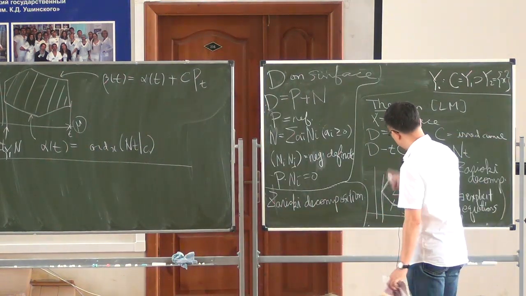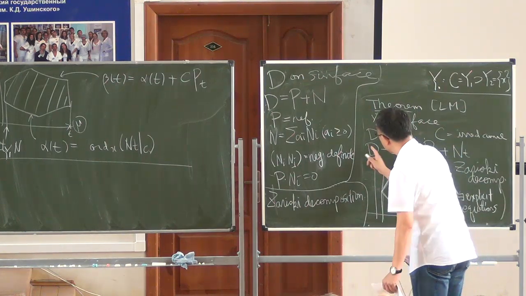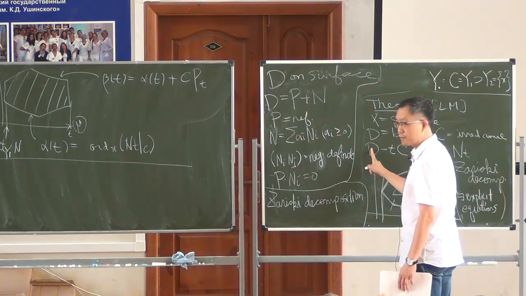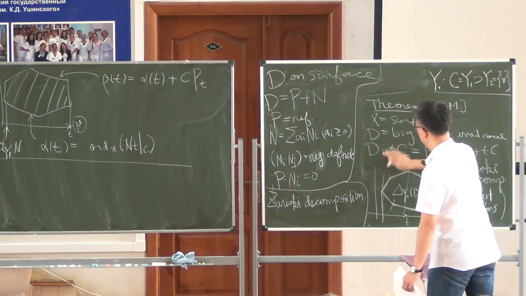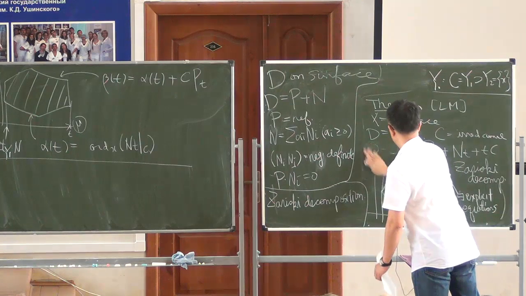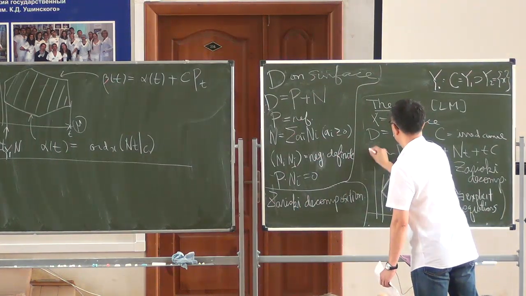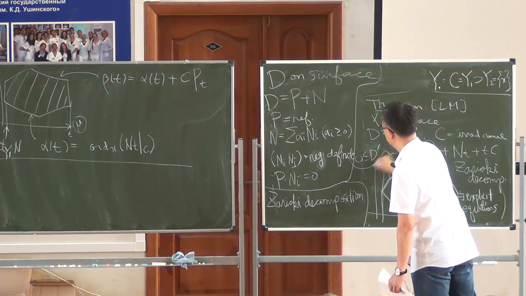So you can verify this fact: just take any effective divisor from this, then it looks like this. So this is D, and D prime will be effective.